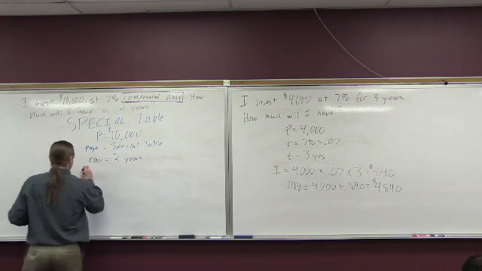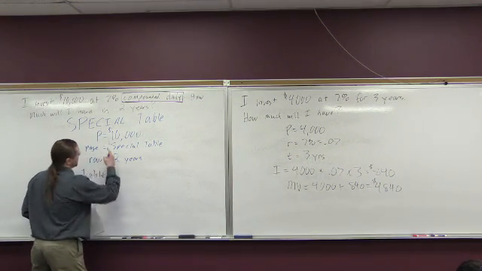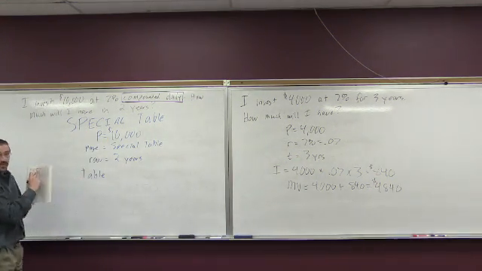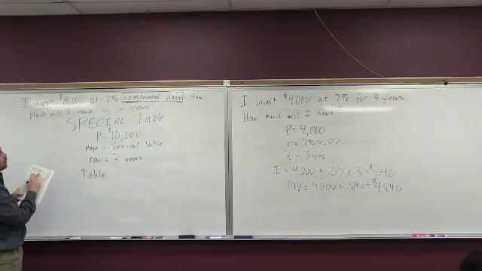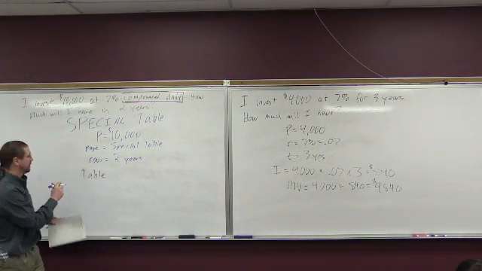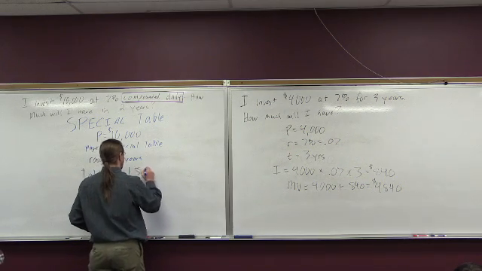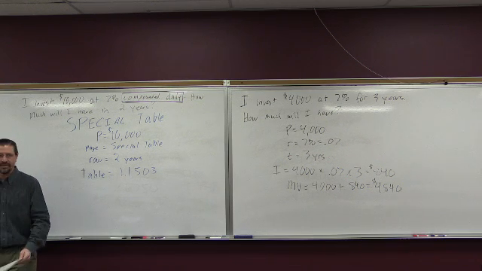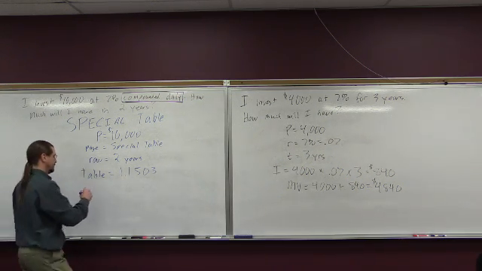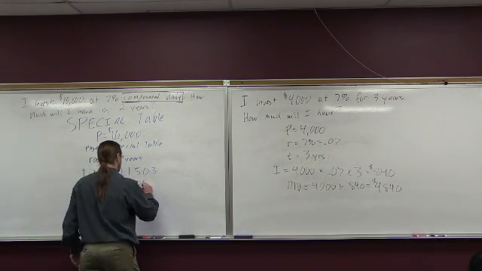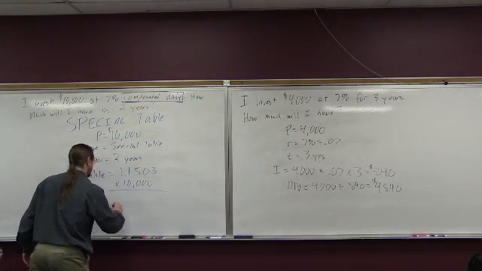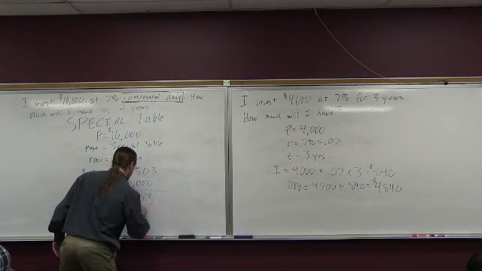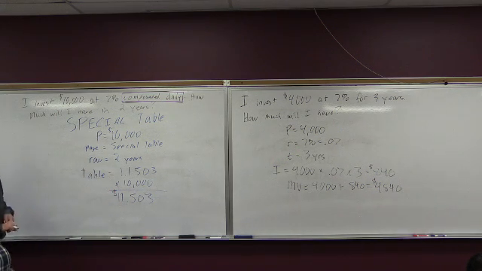But the fact remains that for this example, since we're making 7%, go to the 7% column, go down row 2 because this is 2 years. 1.1503, and multiply by your principal. And we'll see that in 2 years, our 10 grand turns into 11,503 bucks.